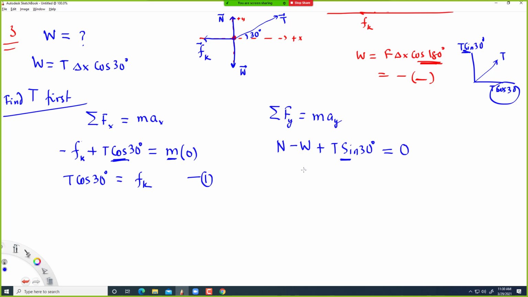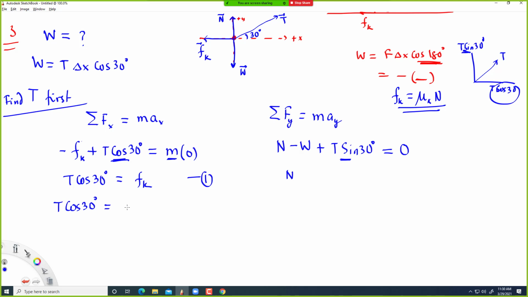So then we can write N. Let's look at this one first. So we want to find tension. So to find tension we need friction, but the friction is not given, but we know the formula for friction. Do you guys remember the formula for friction? Friction is, yeah, coefficient of friction times normal force. Okay, that's the formula for friction.